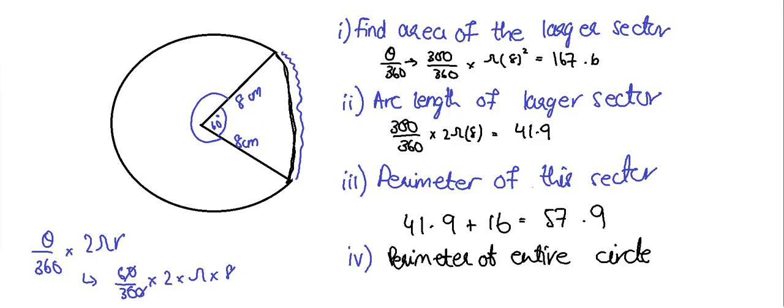Do that on your calculators and tell me. 8.37. 8.37 plus 41.9. What does that become? 50.3. That's great.